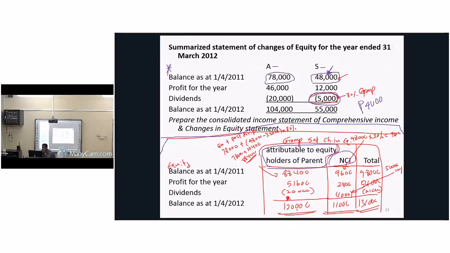Out of this, the parent will receive only equity earned after the acquisition. What is the equity earned after the acquisition? Then from this you have to subtract pre-acquisition equity. Pre-acquisition equity means equity on the acquisition date. How much is the equity on the acquisition date, if you can remember? Look, it is given.